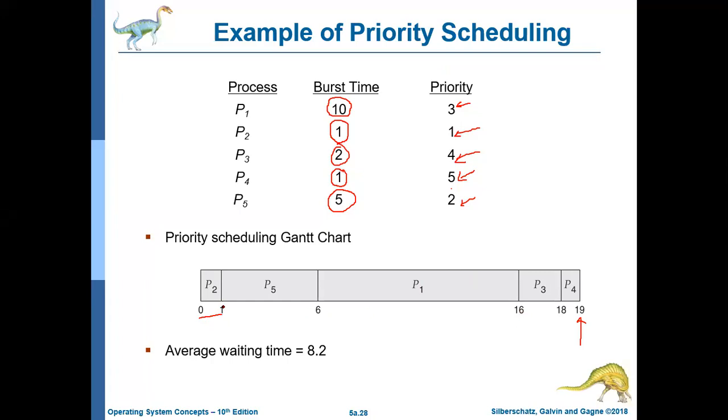P2 is 1, P3 18, P4 19, P5 6. Similarly, you can calculate the waiting times, turnaround time minus the burst times of the processes, and you will get to know the waiting time. In that way, you can calculate the average waiting time by adding all the waiting times divided by 5, that is the number of processes.